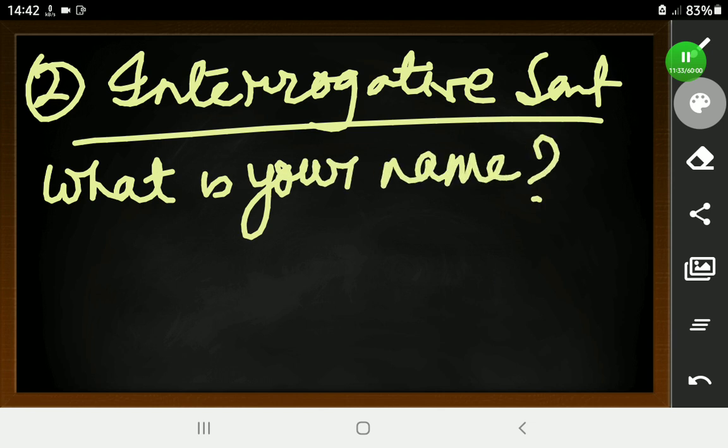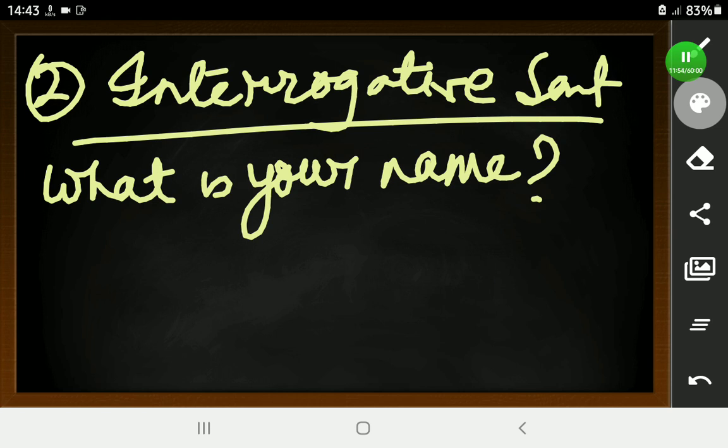This is an interrogative sentence. This is asking a question. It is asking what is your name? These are called interrogative sentences. Sentences which ask you something, which have a question mark at the end. The best way to identify an interrogative sentence is finding a question mark at its end. So these are known as interrogative sentences.